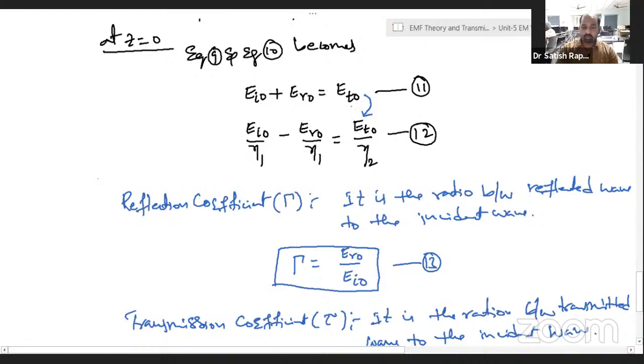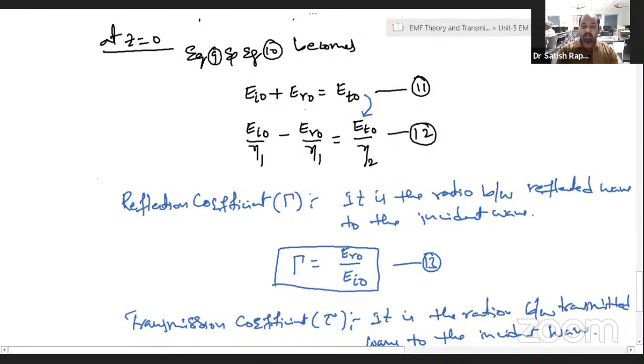So if you substitute ET naught here, this entire equation will become a function of EI naught and ER naught, so we can eliminate ET naught. Therefore, find out the ratio ER naught by EI naught, and you'll get the ratio.